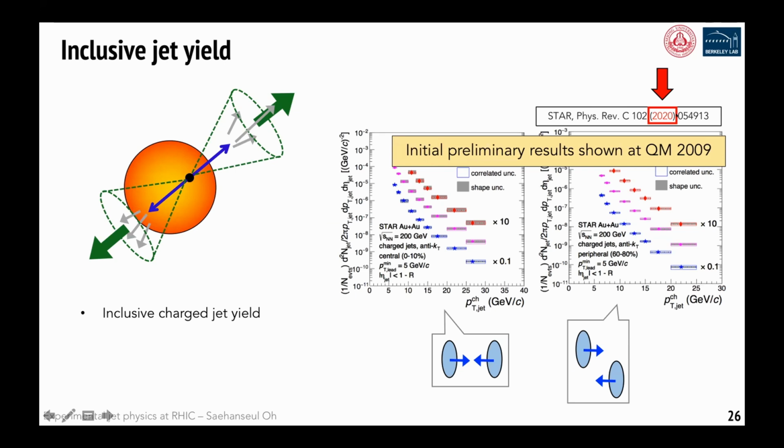Can I have a question? Sorry. Go on. You are saying that at different R, what does it mean? Okay, that's something that I didn't really define. Once we reconstruct a jet, we can make a big circle and combine all particles within the circle. R is the square root of delta phi squared plus delta eta squared.